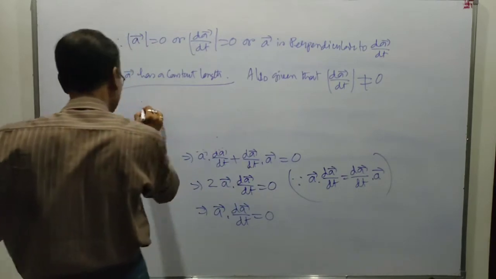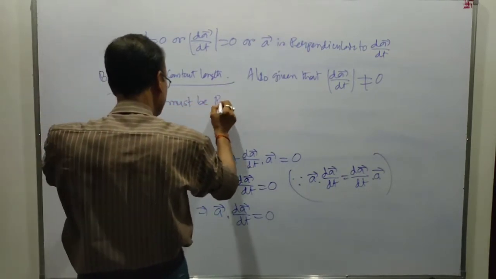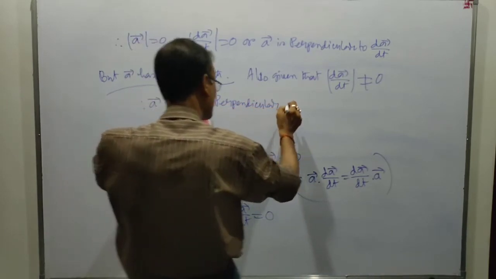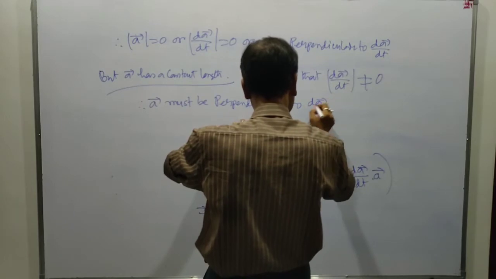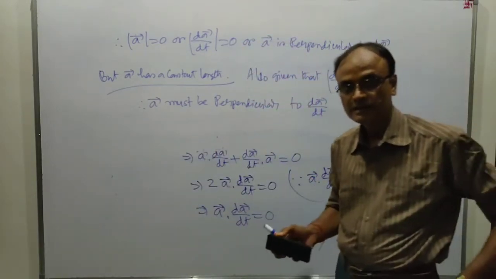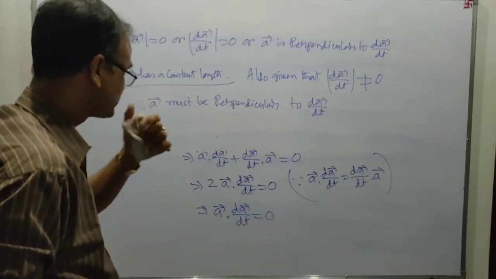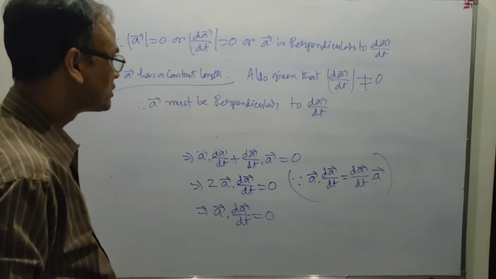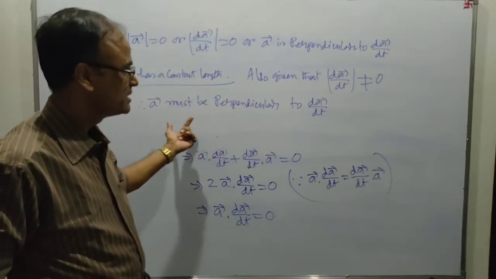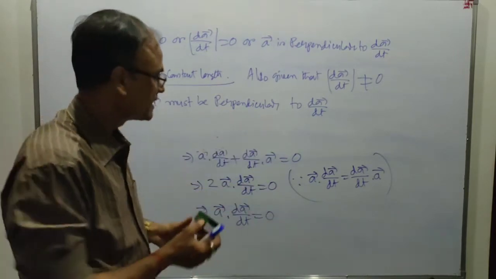Therefore, A vector must be perpendicular to dA vector by dt. Right? Because it is given. Very simple. A vector must be perpendicular to this. This is theorem number 3.